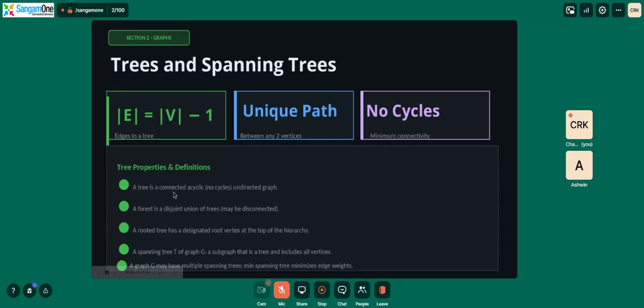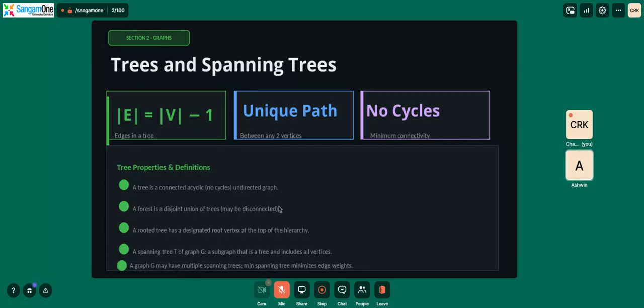A tree is a connected, acyclic, undirected graph. There will be no undirected cycles. A forest is a disjoint union of trees, may be disconnected. A rooted tree has a designated root vertex at the top of the hierarchy.